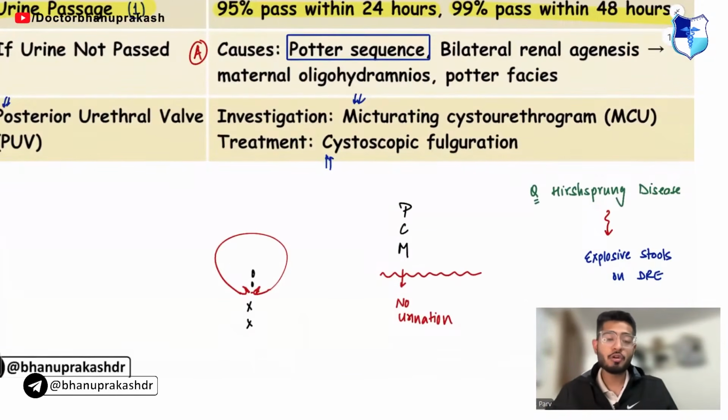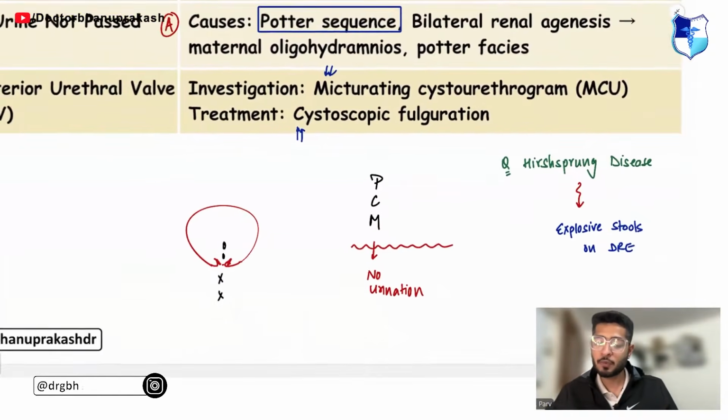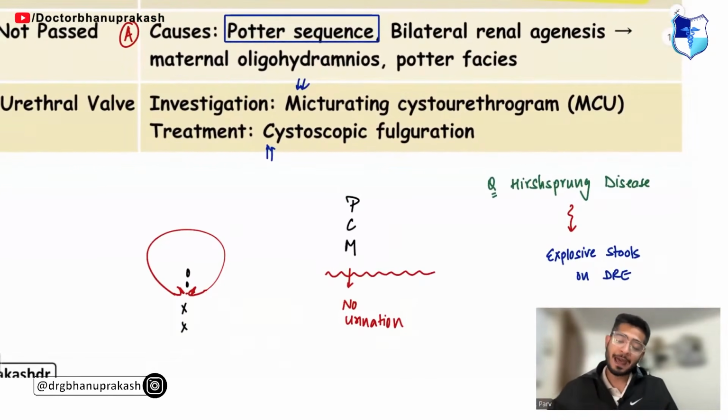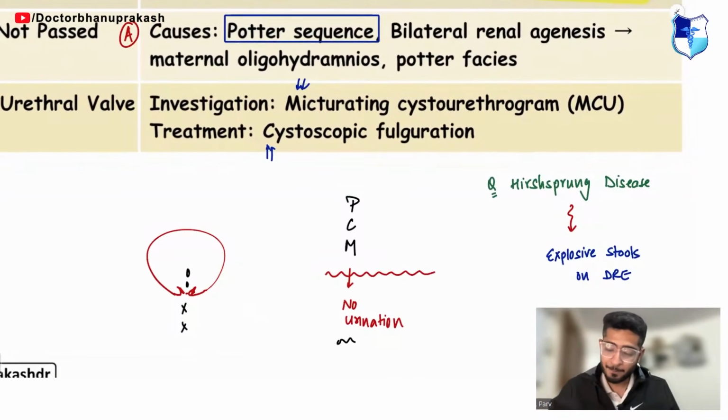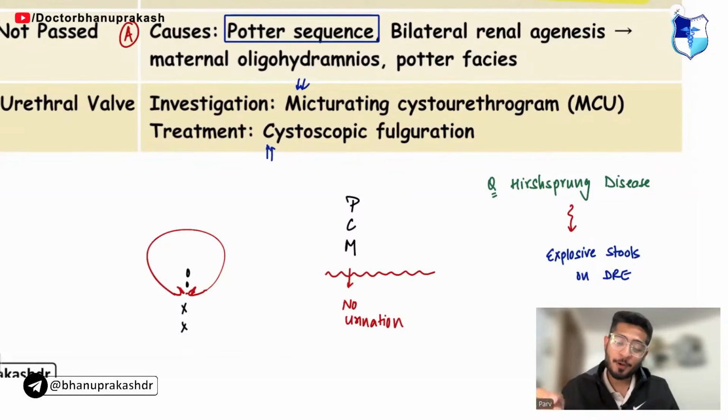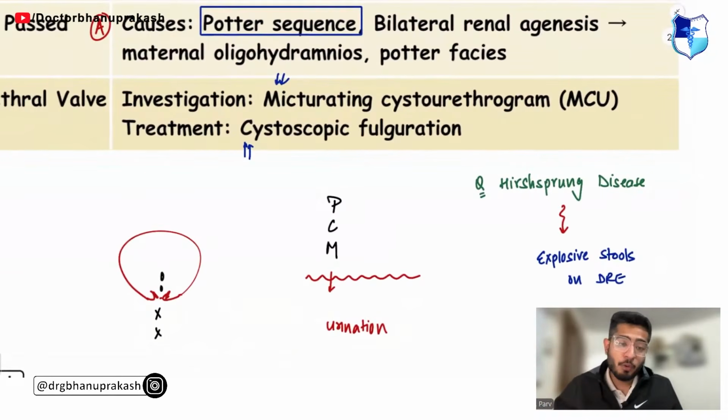Urine not passed. Oh my God, urine not passed. So what can be the case? See what happens in no urination. Remember this: there is something called Potter's sequence. What is Potter's sequence? It means you have bilateral renal agenesis.